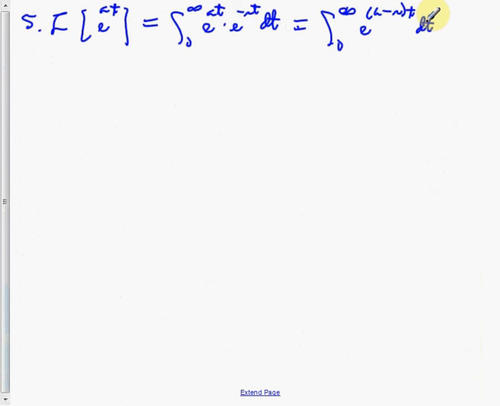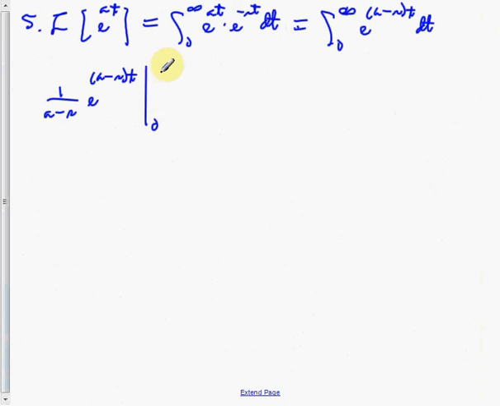Now let's see if I can graduate you up to where I am, because I don't really write the limit as b goes to infinity. I just leave it the way it is. That's how the big boys do it. So you integrate this e to the a minus s in parentheses times t, and what that gives you is 1 over a minus s times e to the a minus s times t.